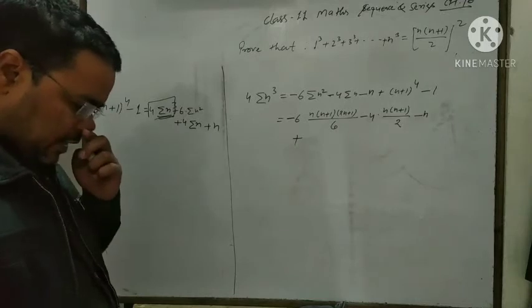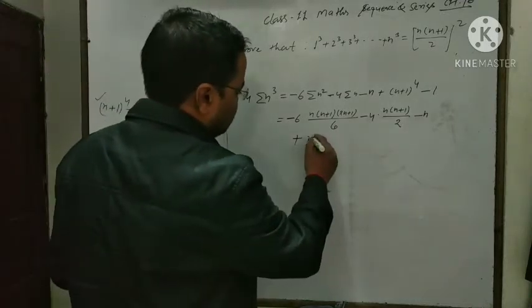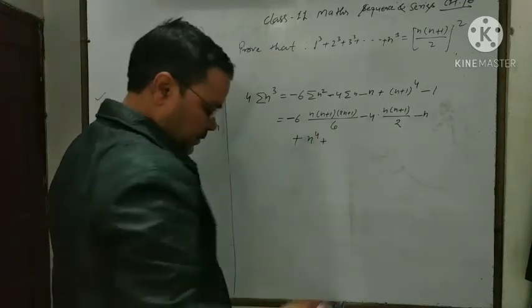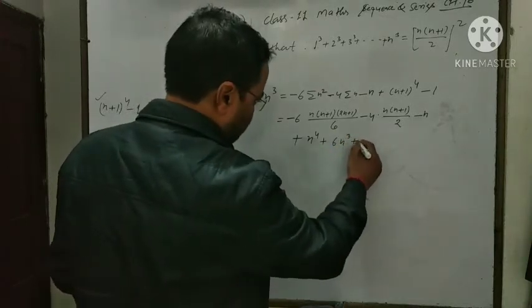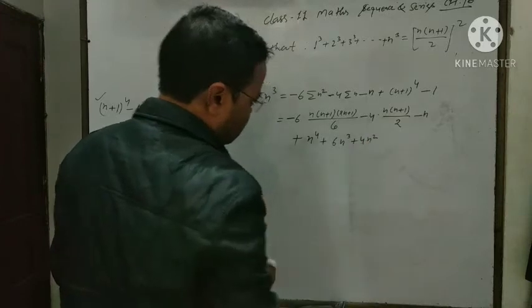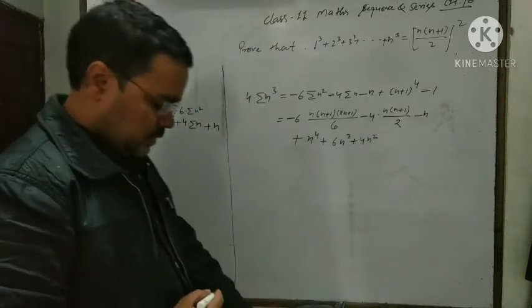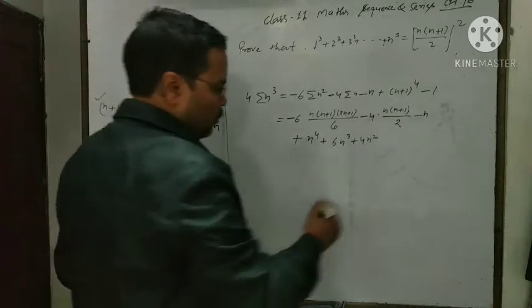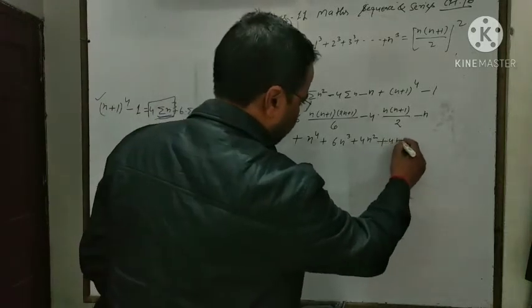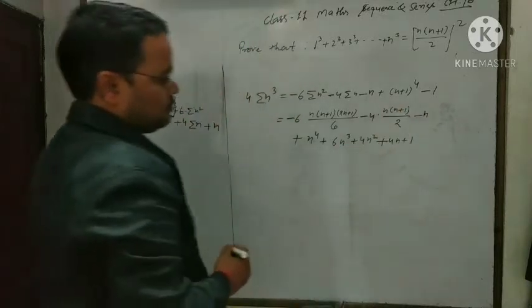Here we just going to write it will be n raised to the power 4 plus 4 n cube plus 6 n square plus 4n plus 1.